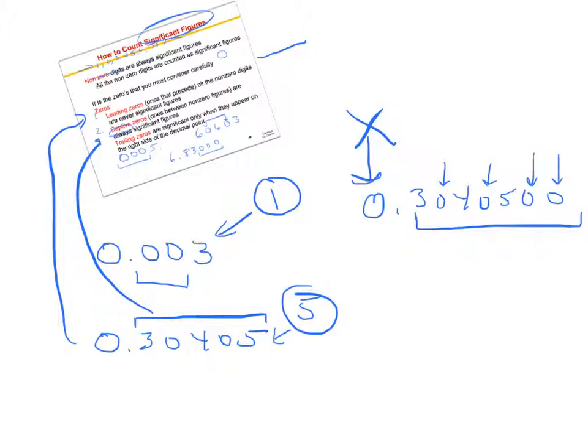Now let's talk about some specific things. If you have a number like 100, does that have 1 significant figure or 3? As it's written, it has only 1 significant figure because the trailing zeros do not count. Therefore, when we write out a problem, we try to do it carefully and put a decimal point here if we really mean for all of those to count. So if I put the decimal place here, then 100 has 3 significant figures, because these are no longer trailing zeros.